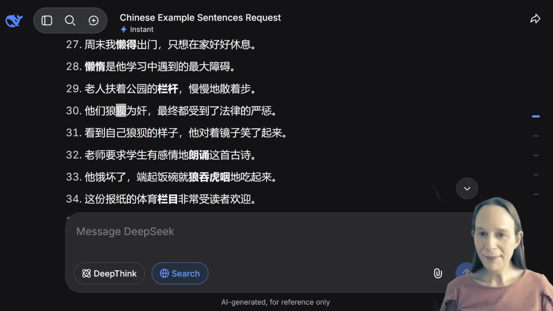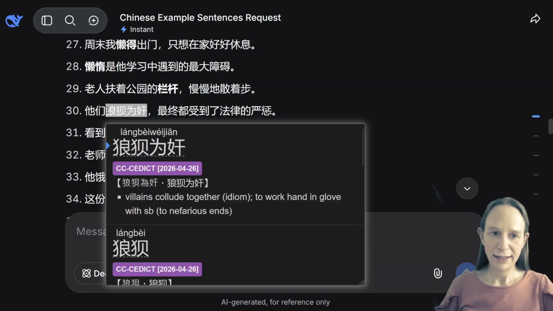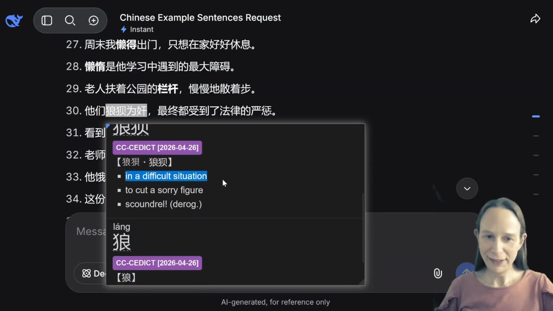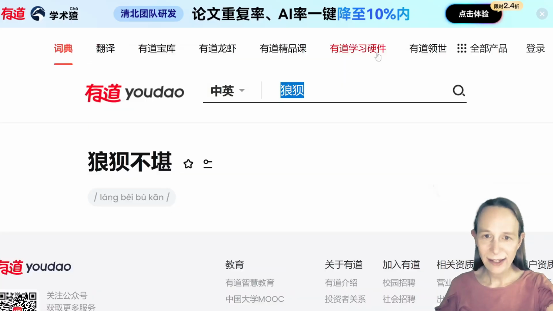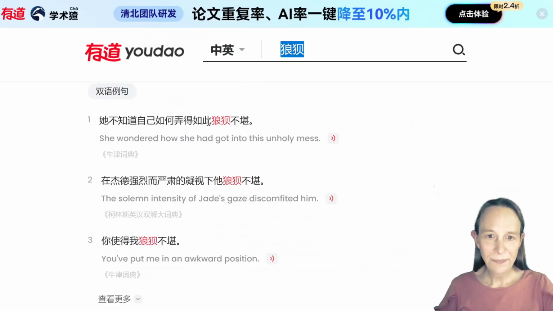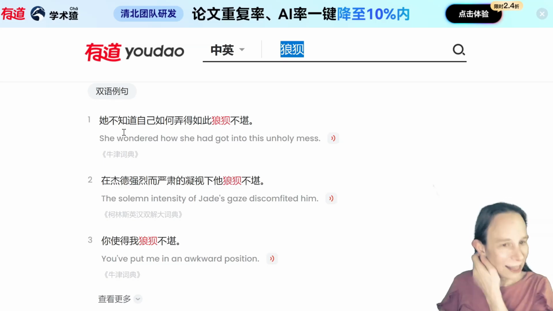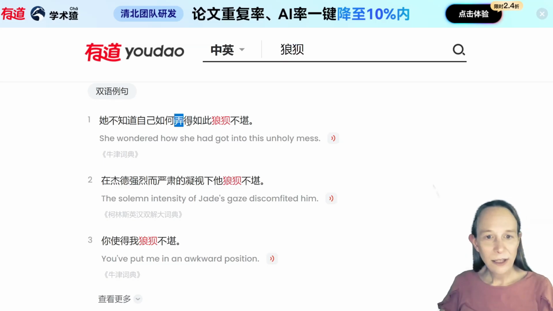Okay, so it describes the 样子. So in a difficult situation, let's look at 狼狈. 狼狈不堪. Okay, 他样子狼狈不堪. Is that right? 他不知道自己如何弄得如此狼狈不堪.